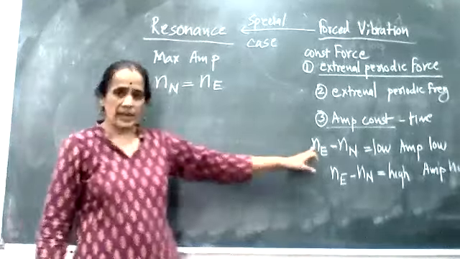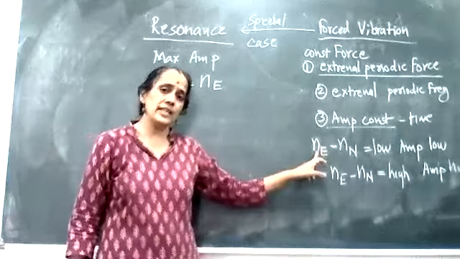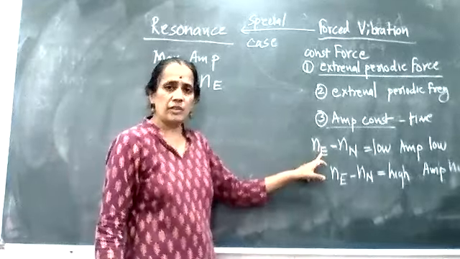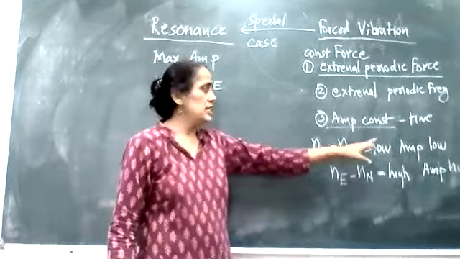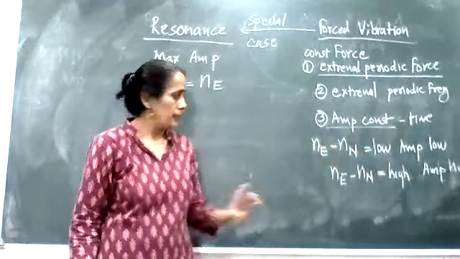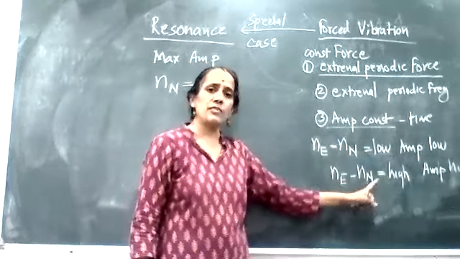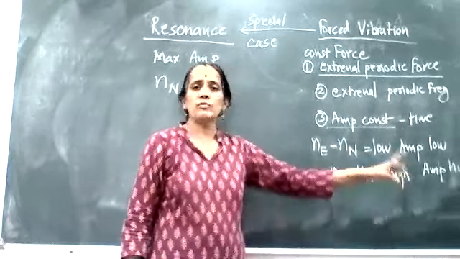If you remember, here I have written these two conditions. When the difference between the external periodic frequency and the natural frequency is low, the vibration amplitude is low. If the difference is high, the body will vibrate with low amplitude.